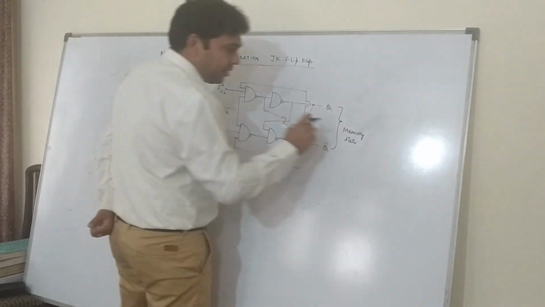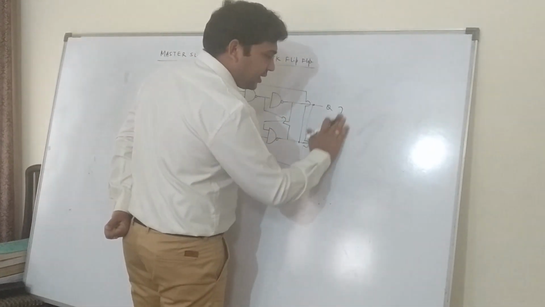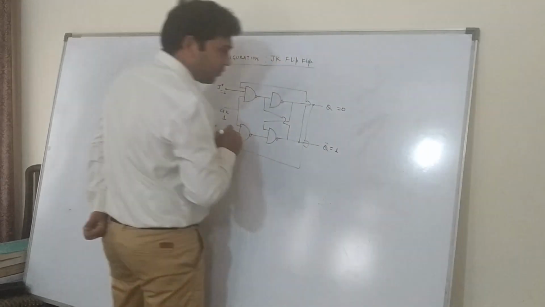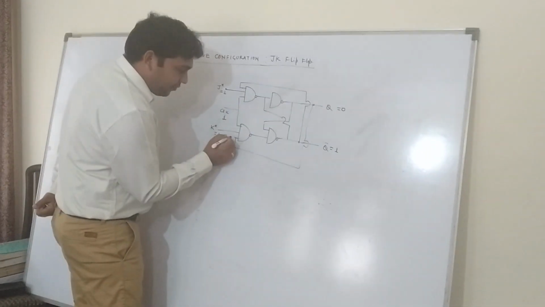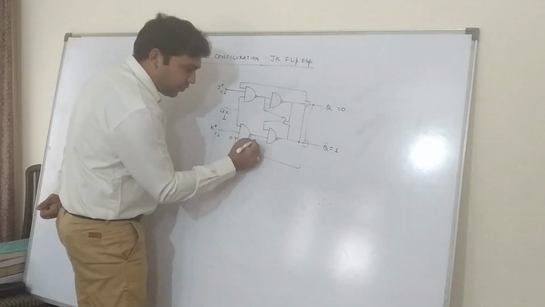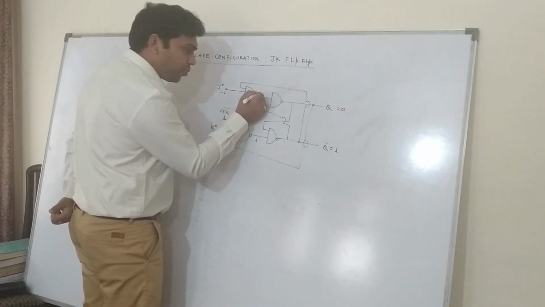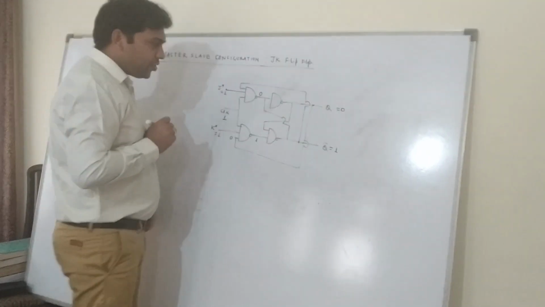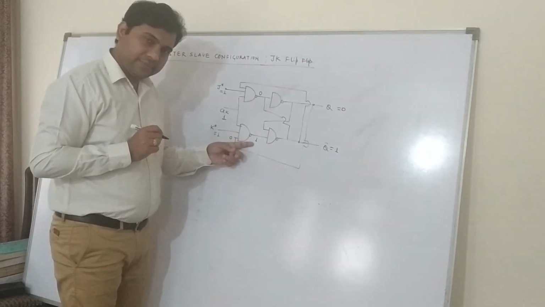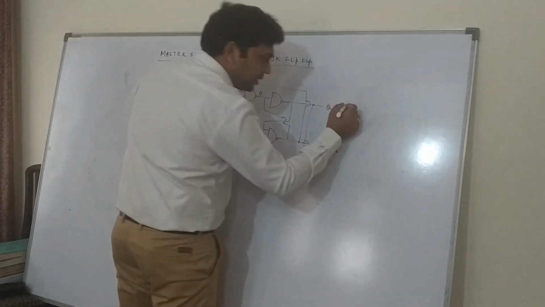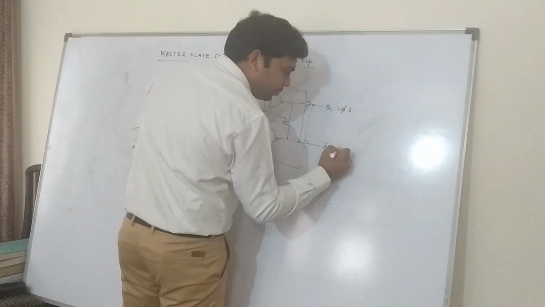Let's say initially this is 0 and let's say this is 1. So since this 0 is here, one of the inputs of a NAND gate is 0, this will be 1, and since here all three are 1, the output will be 0. So here you have a 0 and 1. And this 0 and 1 will change the output to 1 and 0.